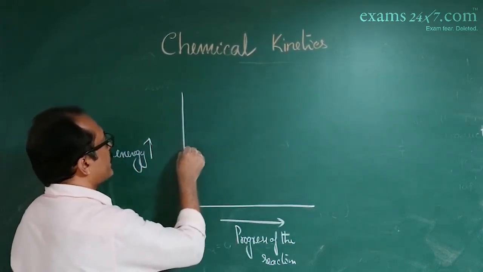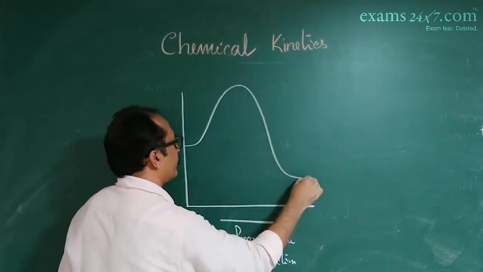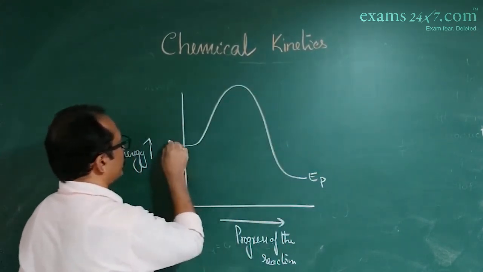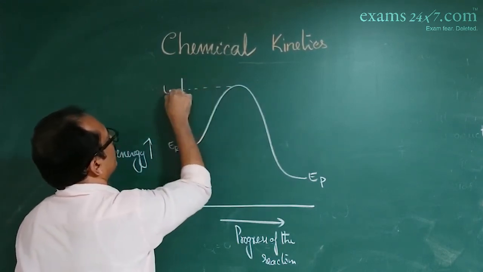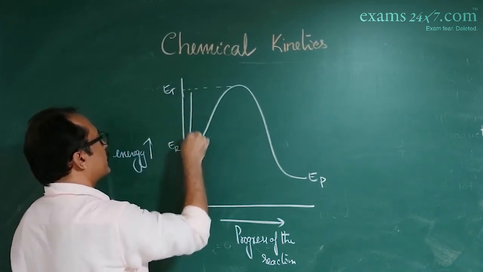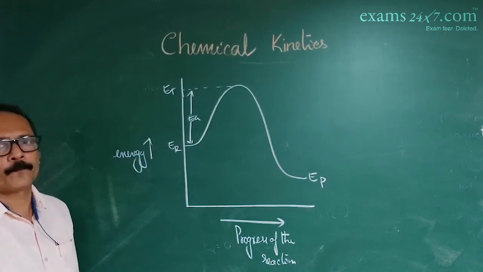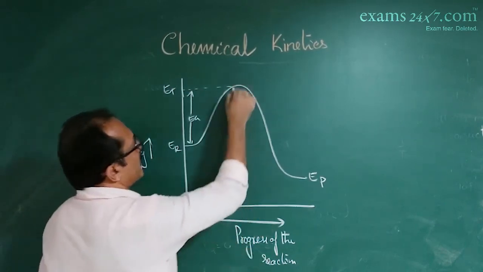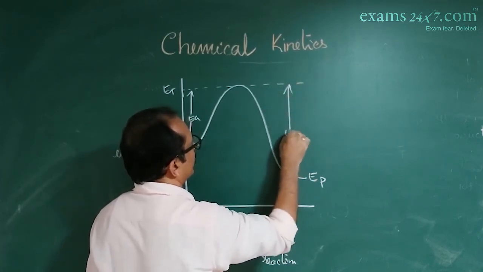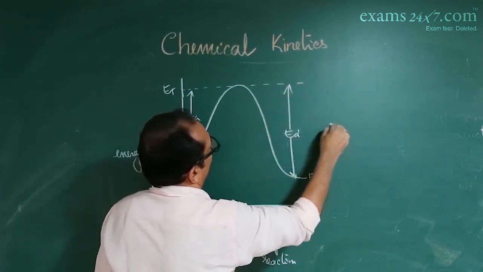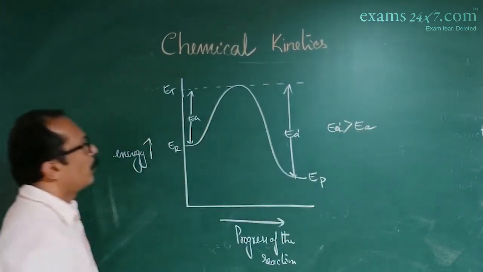For exothermic reaction without catalyst: product, reactant, threshold energy to reach this state, that's called energy of activation. Just observe this. For exothermic reaction, in the backward reaction, it becomes energy of activation. Here, energy of activation for backward reaction is more than the energy of activation of forward reaction.